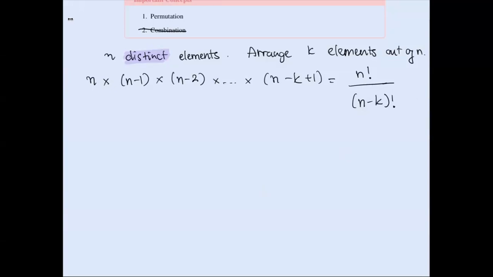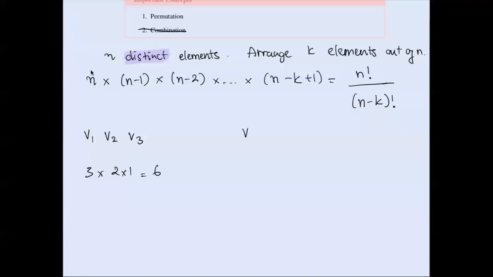Okay. Next one is why the distinct is important. If you think about it, let's say you have 3 objects, V1, V2, and V3, then the number of ways that you can arrange these is 3 times 2 times 1, which is 6, right?